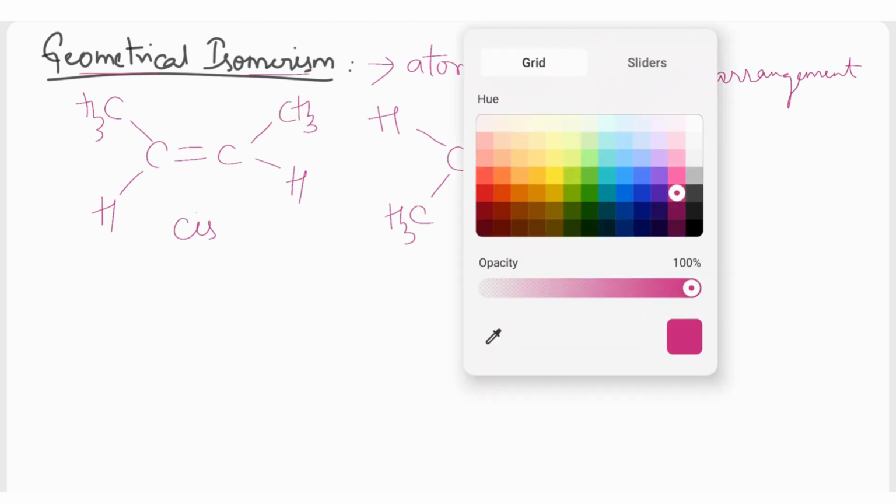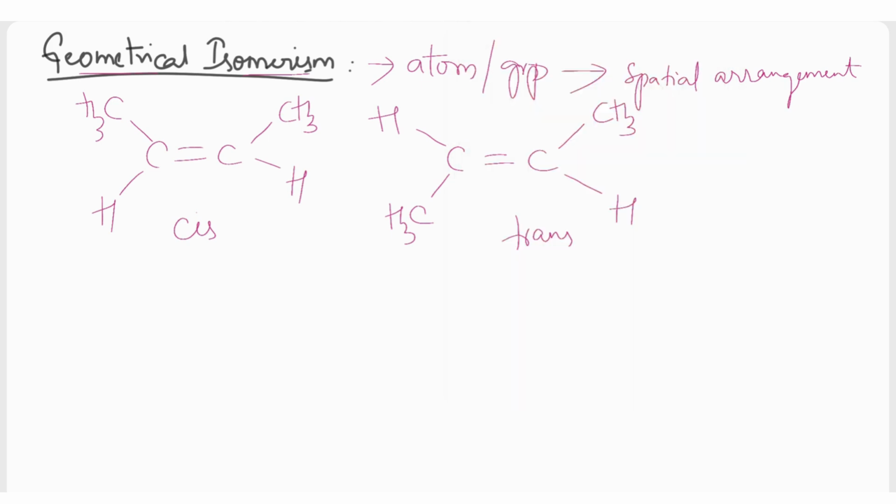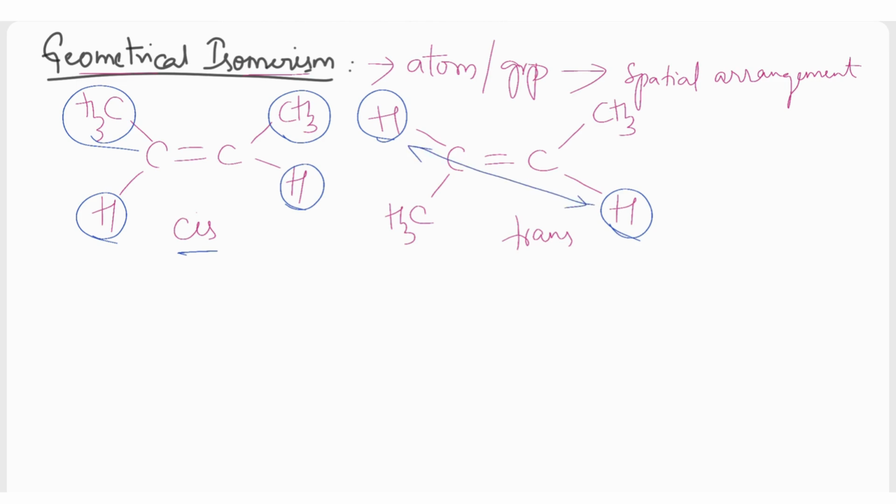This is because the methyl groups, or the same type of groups, are on the same side in the first case, and on opposite sides in the second molecule. Methyl groups are on opposite sides and hydrogens are on opposite sides. This results in the formation of a trans molecule.